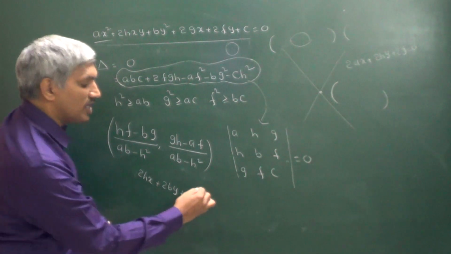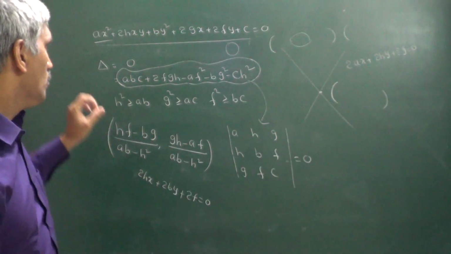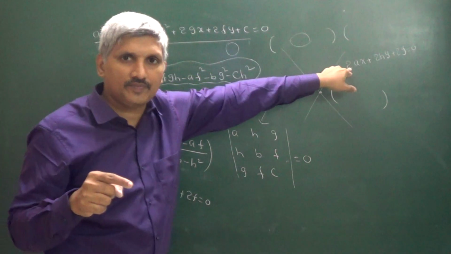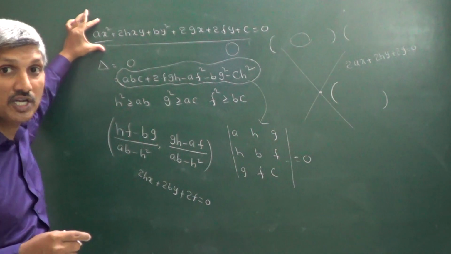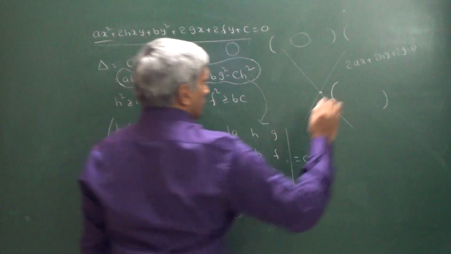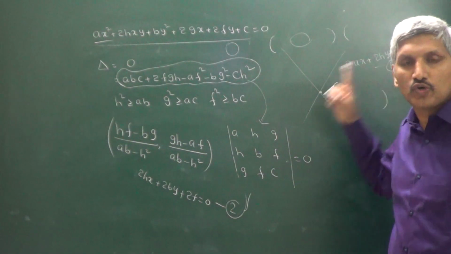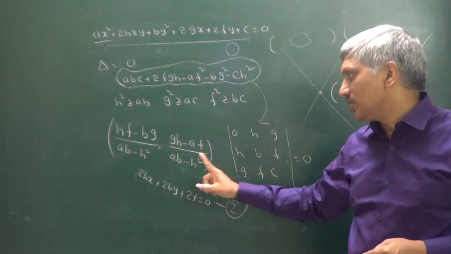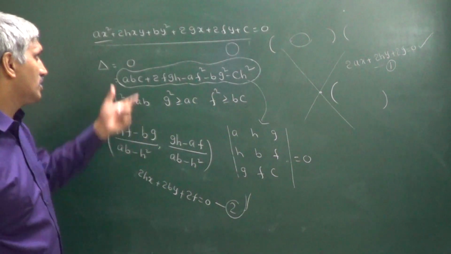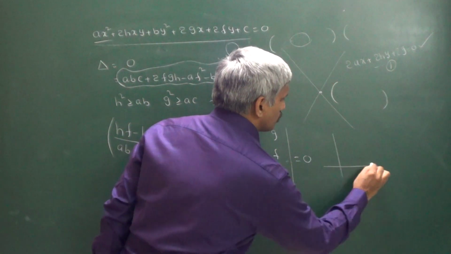This is called partial differentiation, which is not in the syllabus, required just for technique purposes. This is the second equation and that was the first equation. Solve these two equations and you will get the point of intersection of those two straight lines.